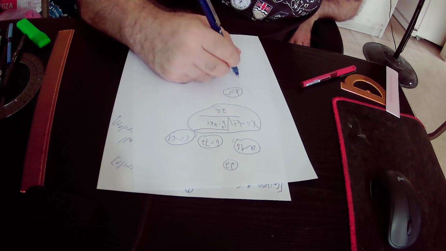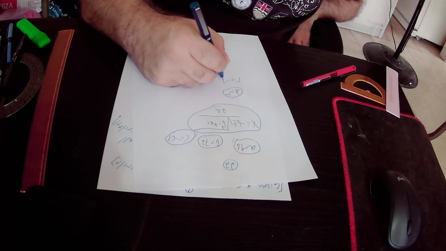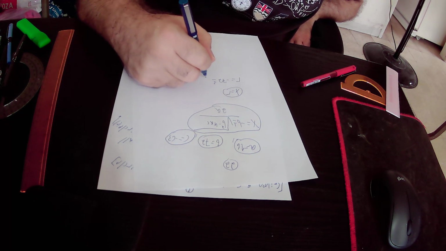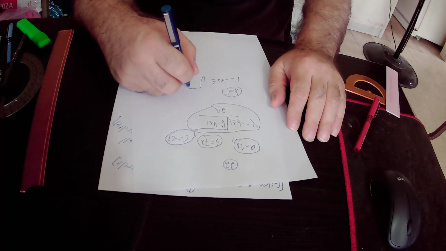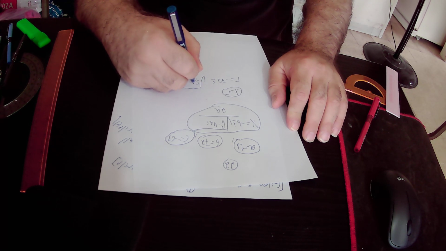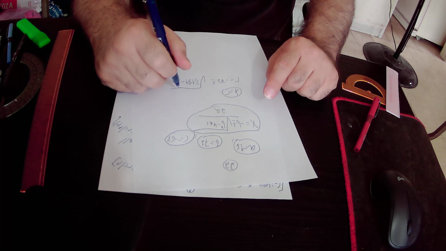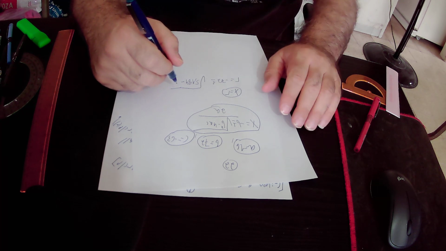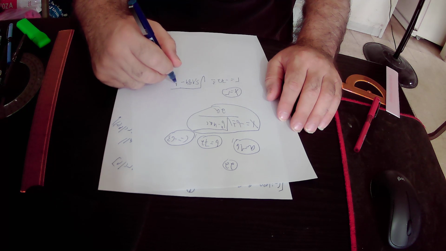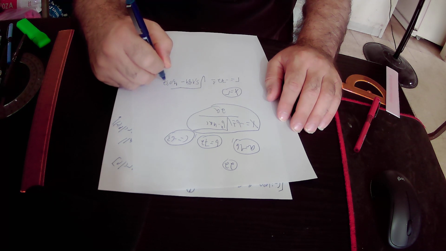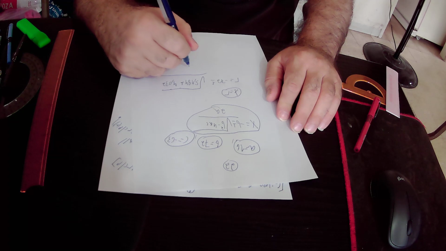So r equals minus b, b is 72, so minus b is minus 72, plus minus the root of b squared, which is 72 squared, is 5,184, minus 4 times a times c, which is 4 times 16 times minus 63, is 4032, over 2a, which is 2 times 16, is 32.